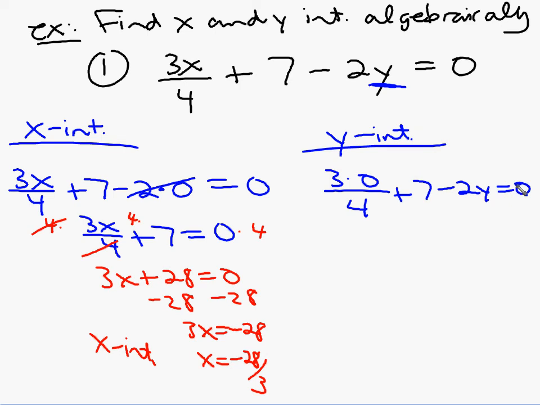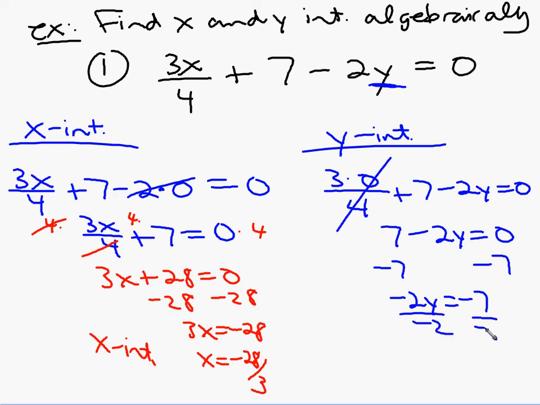As soon as I put that 0 in for x, that whole fraction is gone, because 3 times 0 is 0. 0 divided by 4 is 0. So now I have 7 minus 2y equals 0. Subtract 7. Negative 2y equals negative 7. Divided by negative 2. Y equals 7 halves. Pretty easy algebra after that point.